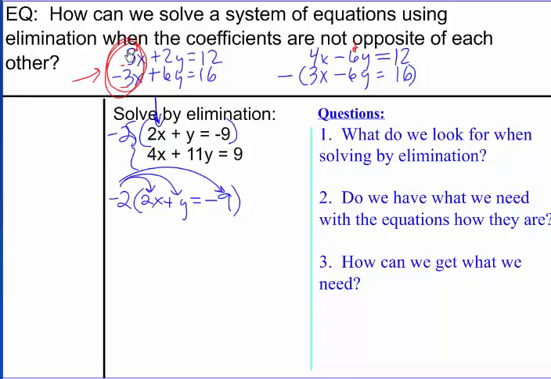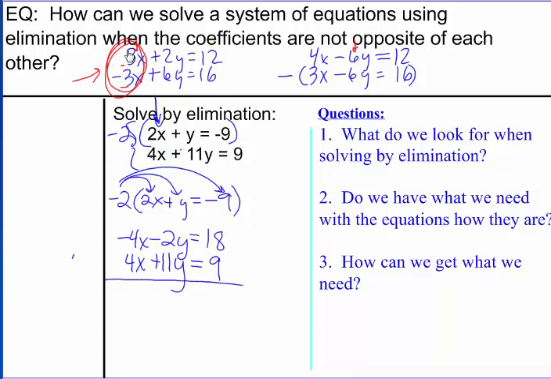Negative 2 times 2x gives me negative 4x. Negative 2 times y gives me minus 2y. Negative 2 times negative 9 gives me positive 18. So I took the first equation and I rewrote it. Now, put right below that the other equation. Please keep the two equations next to each other.